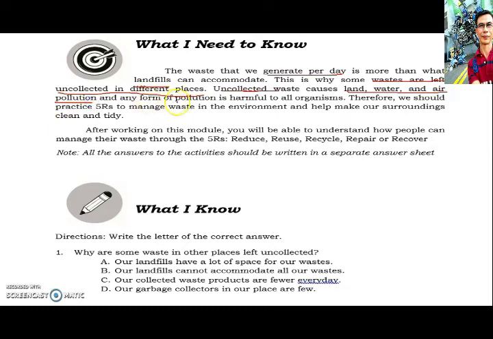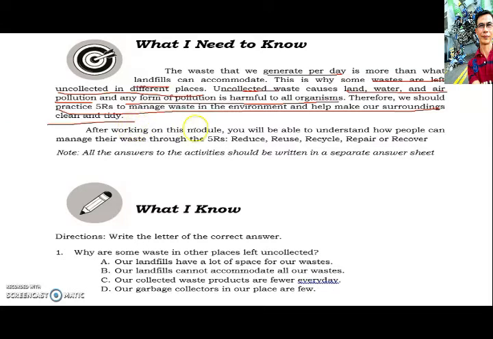And any form of pollution is harmful to all organisms. Therefore, we should practice the 5 R's to manage waste in the environment and help make our surroundings clean and tidy and healthful, and you can live longer.